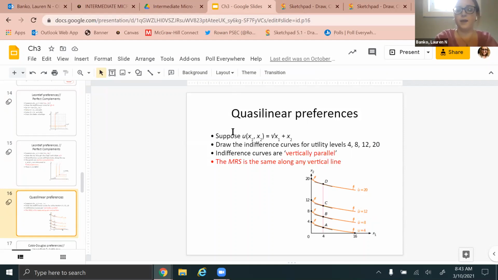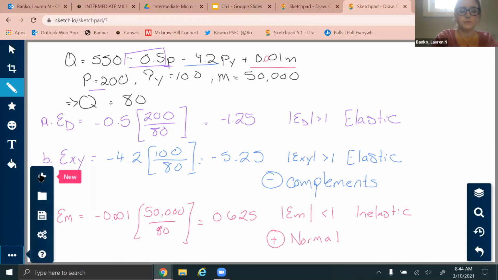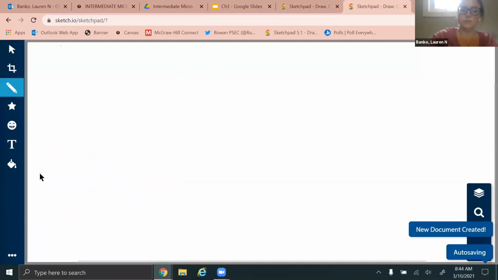So we have a utility function where it looks kind of linear. We have x1 plus x2, but there's some non-linear part, like a square root here. So that's why it's somewhat linear, quasi-linear, but there's a non-linear portion on one x. So this might be square root of x1 plus x2, like we just saw.